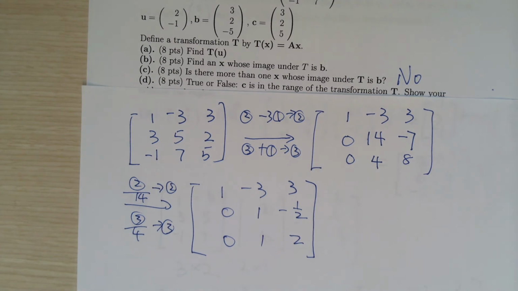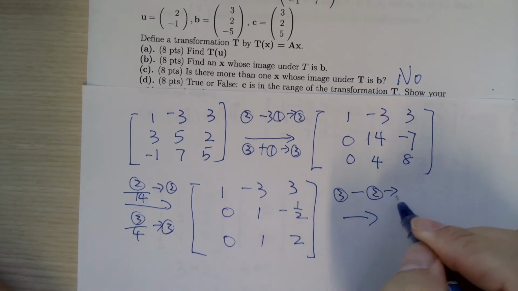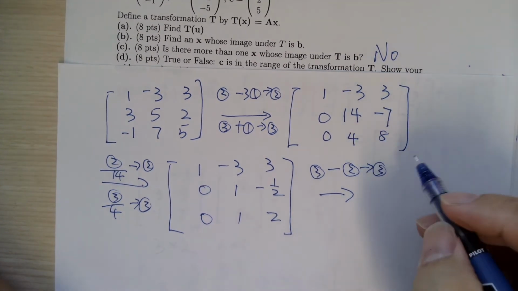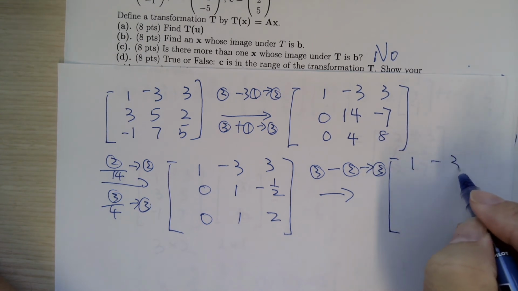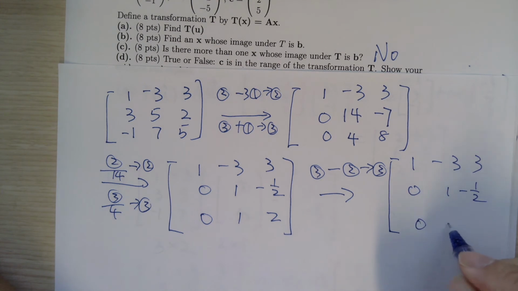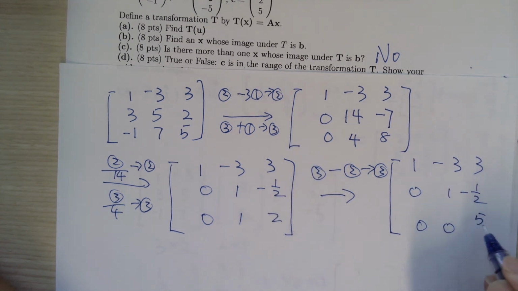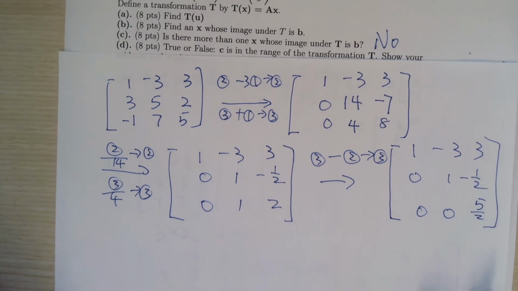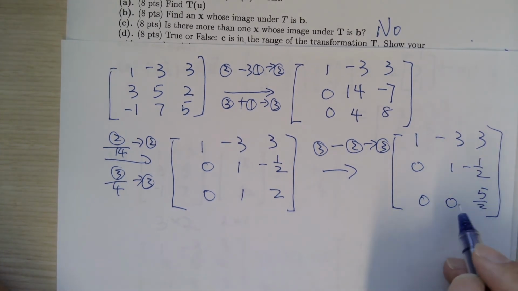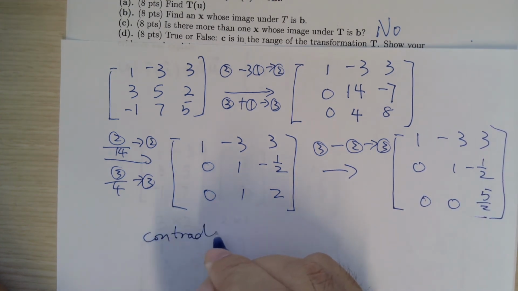Okay, so if you try to use row 3 minus row 2 becomes a new row 3, look at what we got. We got 1, negative 3, 3, 0, 1, negative half, right? So we're going to 0, 0. So it's going to become a 5 over 2. And clearly, as you can see from row 3, we already got a contradiction, right?